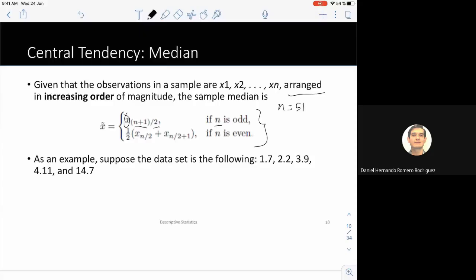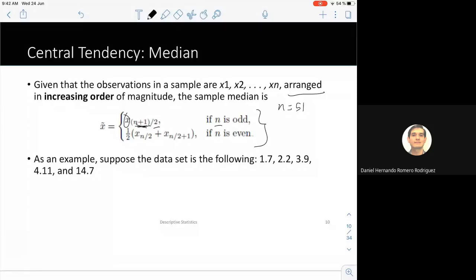So how can we get the median? First, we arrange that data set with 51 observations from the smallest to the largest value. And then we need to locate the position (n plus 1) divided by 2. So if n is 51, then 51 plus 1 is 52, divided by 2, that will be 26. So we will go to position 26, and the observation that is located in that position is going to be the median.